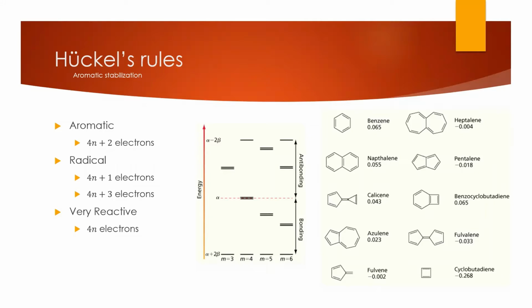And the difference there is the resonance stabilization energy. And we'll go over an example of this in class. And you can see that there are plenty of molecules that have resonance stabilization energy. There's also plenty that don't. So cyclobutadiene has 4n electrons, which would put it as a very reactive molecule, which means it's not stable. It has anti-aromaticity there.